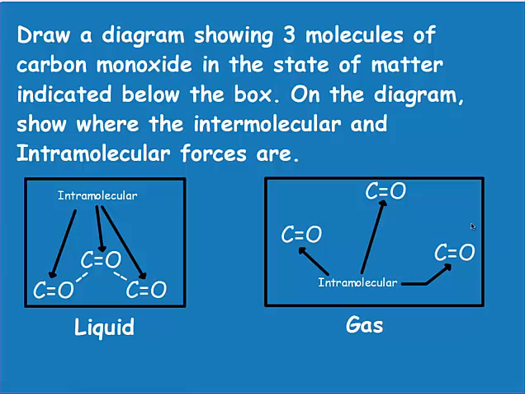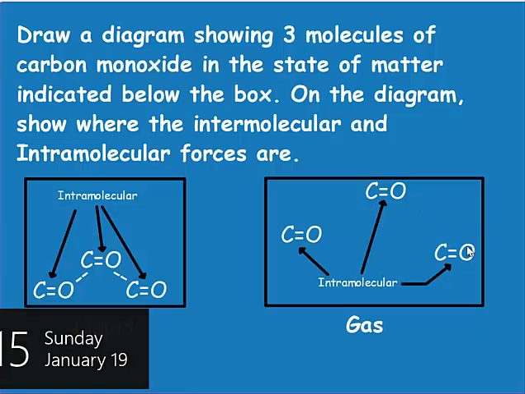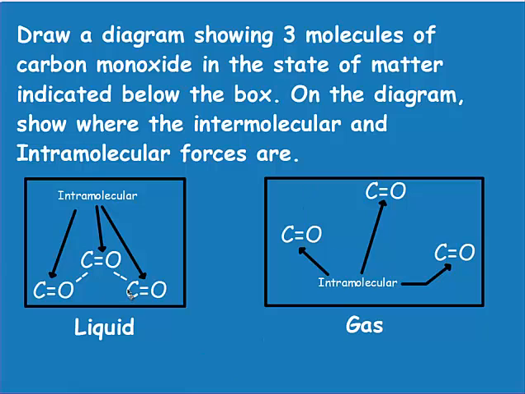I still have my covalent bonds because when it goes from a liquid to a gas, I do not break covalent bonds. I do, however, break my intermolecular forces, or the dipole-dipole. So you should see no dashed lines in a gas because all intermolecular forces should have been broken.